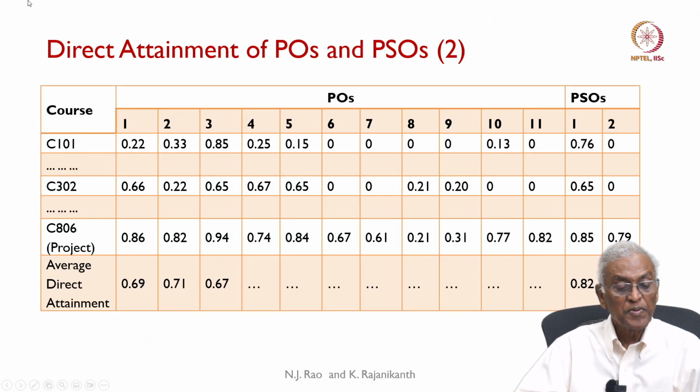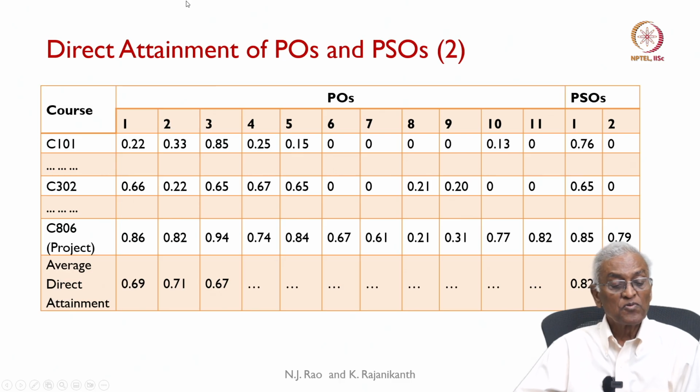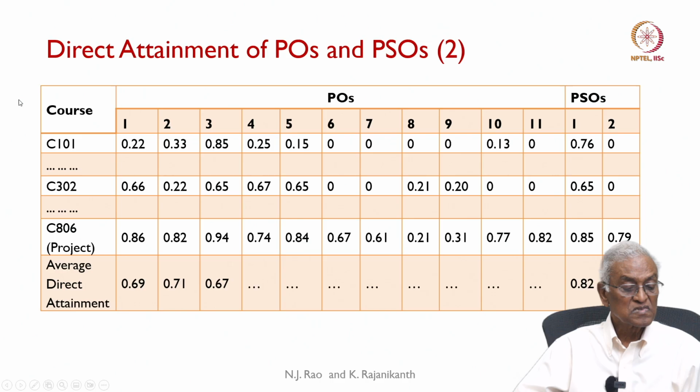So now you prepare the direct PO attainment. This is a matrix that you have to prepare. A PO-PSO attainment matrix you have to prepare like this. You list the courses.